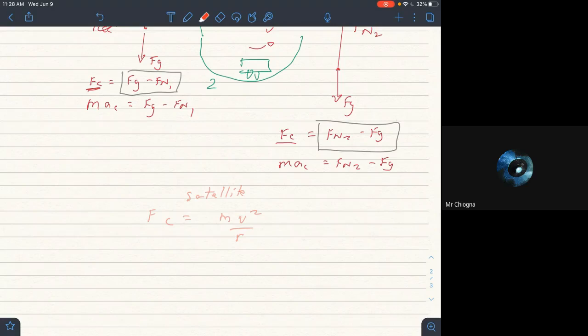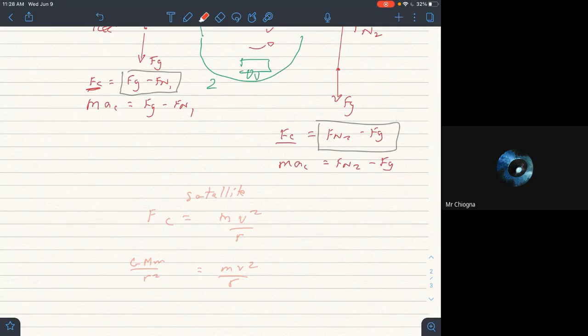What kind of force? Gravity, which is GMm over r squared. So what's the big M? What does the big M represent? Mass of the planet, or in this case, the Earth.